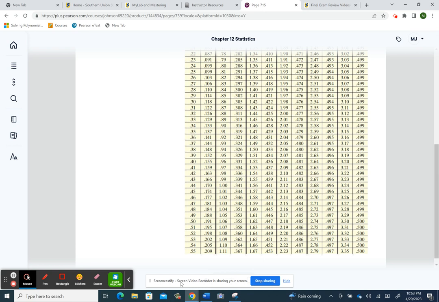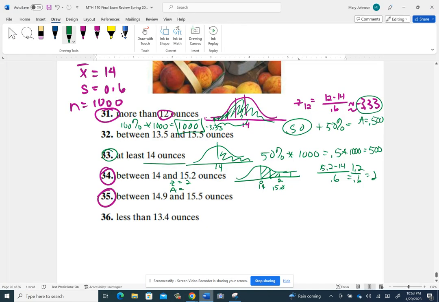A Z value of 2 is 0.477. So that is telling me that this green area would be 47.7% of the peaches. And there's 1,000 of them. So I'm going to take 0.477 times 1,000, and I get 477 peaches. Okay, for my final answer on that one.